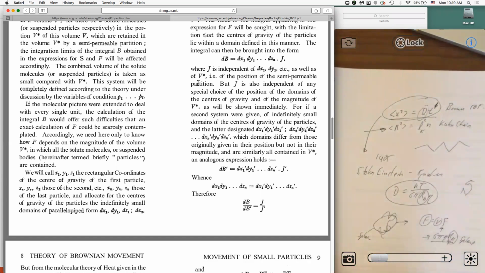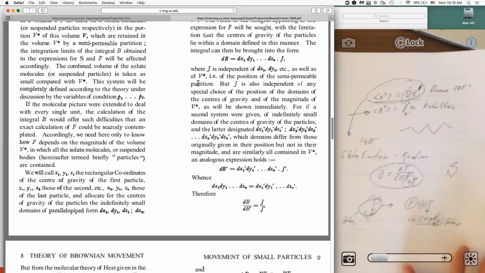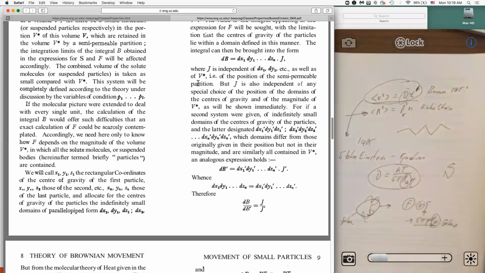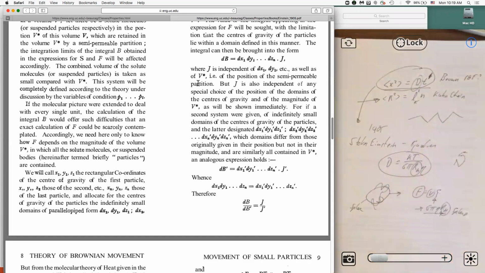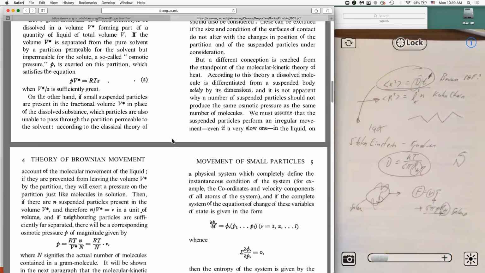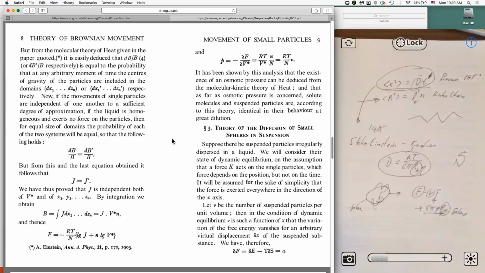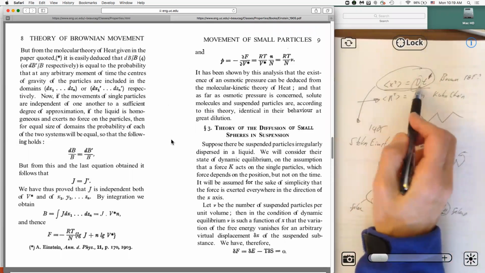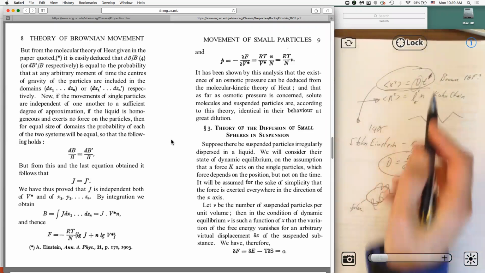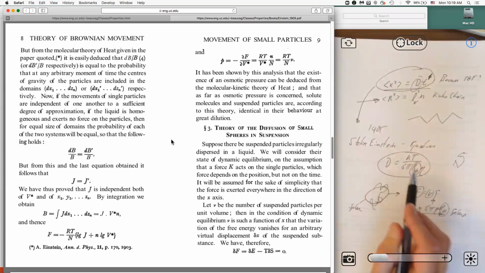That becomes an important number, a way to quantify polymers. Since we're here, I thought I'd go through this paper and the two things he gets from it: first, the random walk equation, and second, the Einstein-Stokes equation.